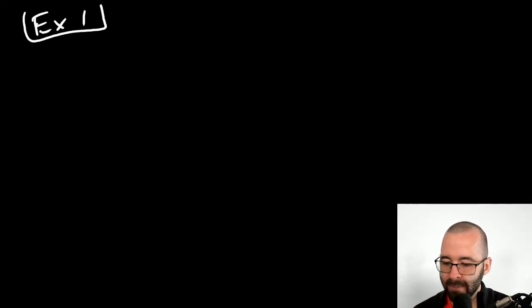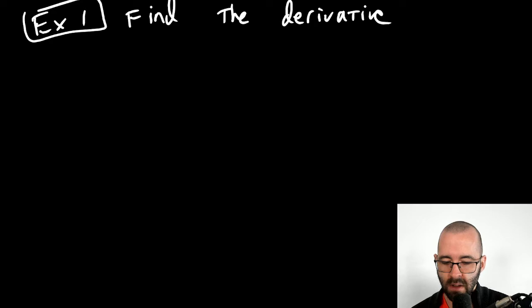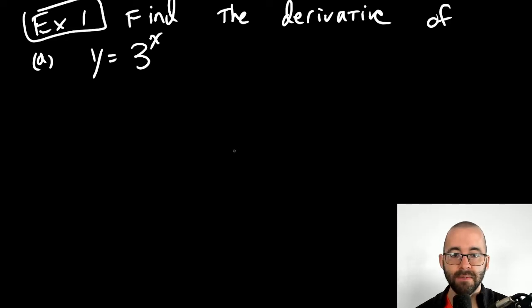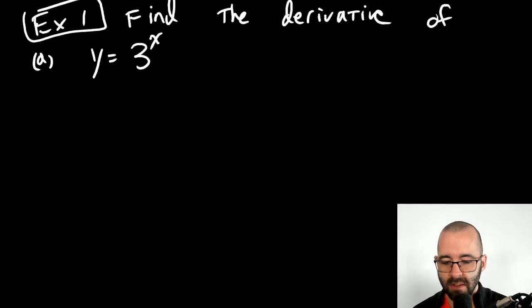Let's start with example 1. Find the derivative of y equals 3 to the x. So we're just going to use what we found in this formula. The derivative of an exponential function is that same exponential function times the natural log of the base.